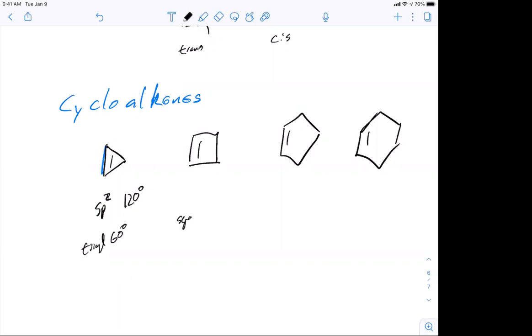A square is going to be 90 degrees, and then 105 for the pentagon, forgot my geometry, and then 120. So when we add double bonds into these cycloalkenes, we get even more strain than what we would have gotten for an sp3, which is 109.5, right? Except for the cyclohexene.